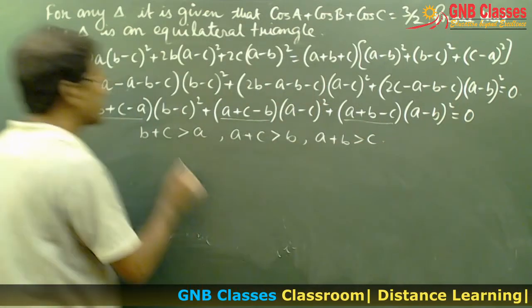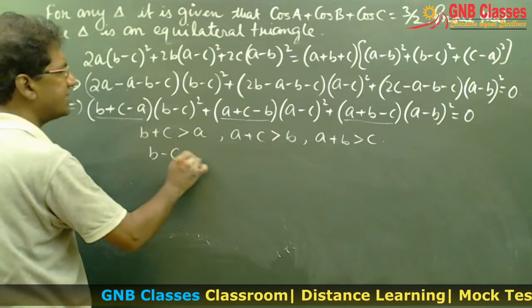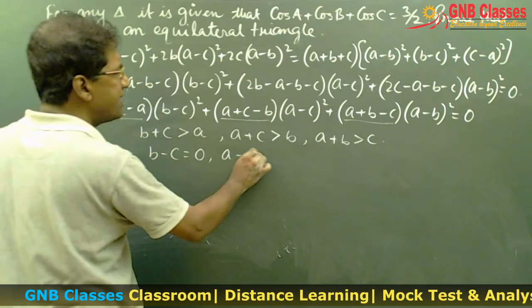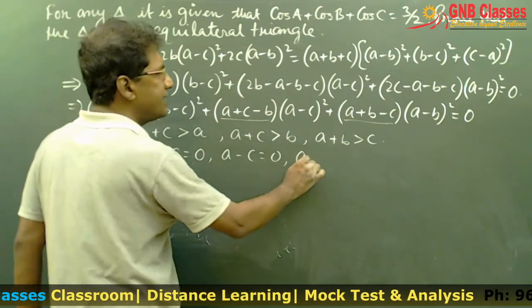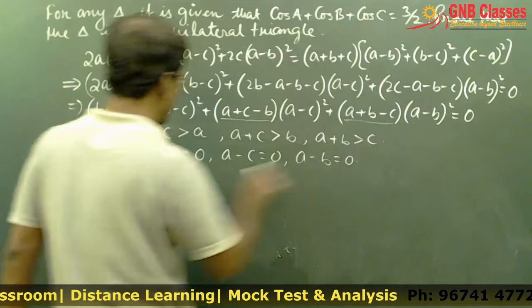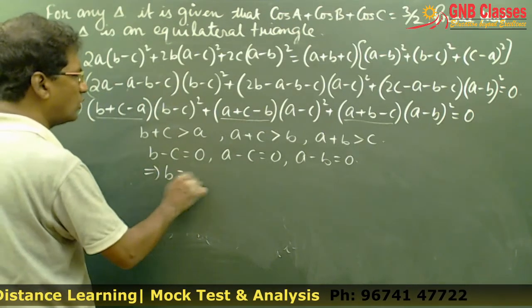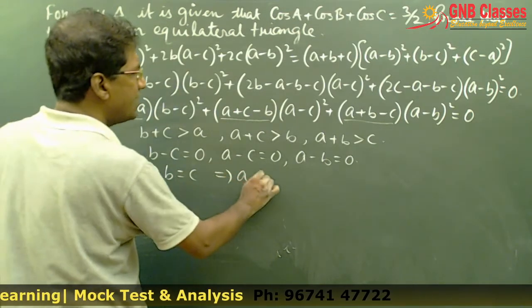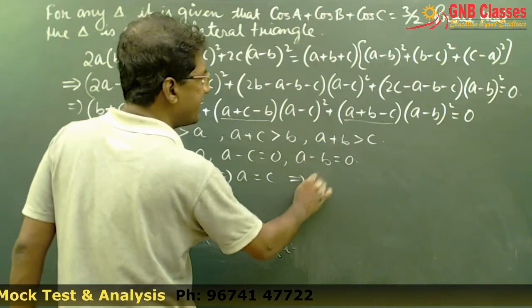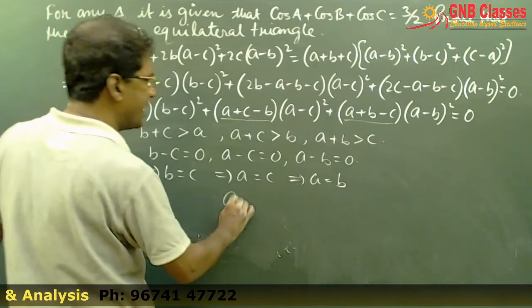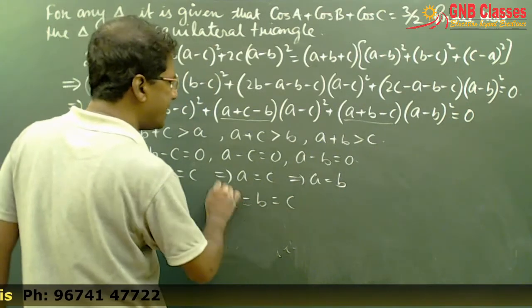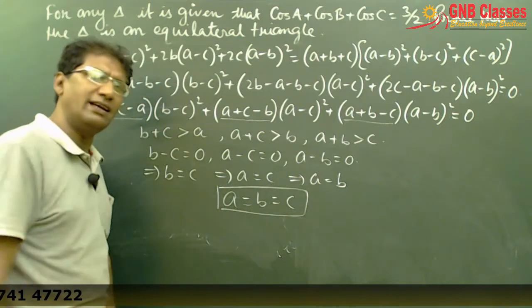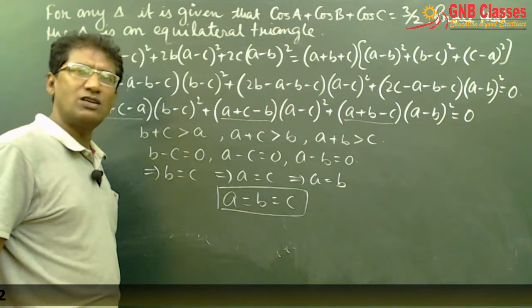It is only possible when B minus C is equal to 0, A minus C equals 0, and A minus B equals 0. So from here we are getting B equals C, A equals C, and A equals B, which implies A equals B equals C. That is, the triangle is an equilateral triangle.